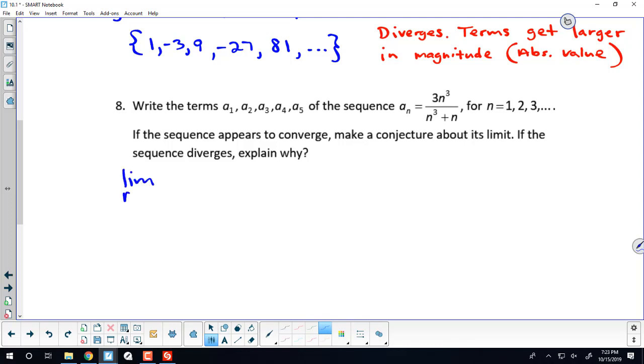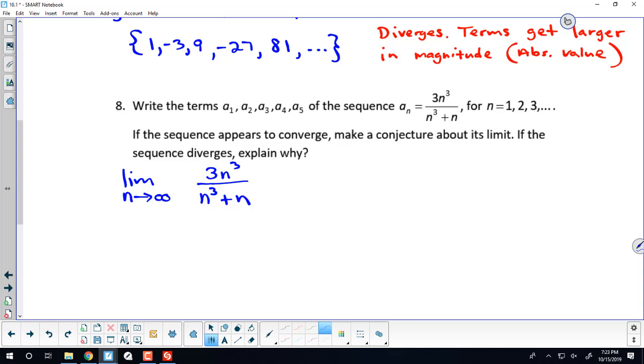The limit as n approaches infinity of 3n cubed over n cubed plus n. So how do we compute that limit? Simplify it in what way?